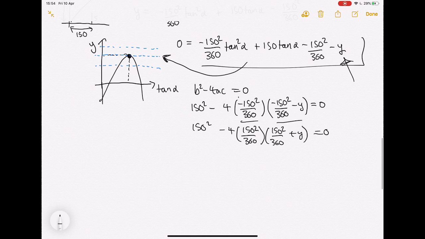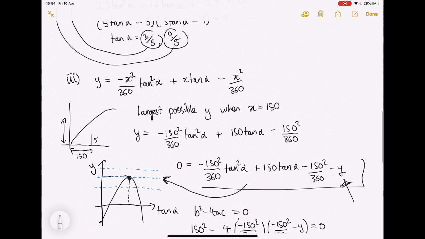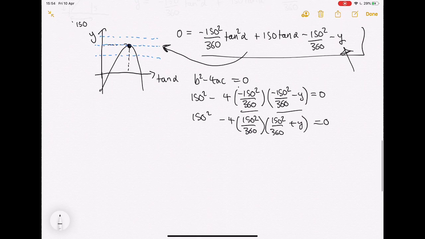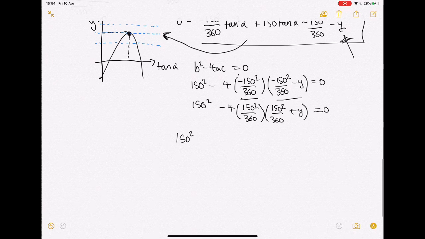Well, adding to both sides, we have 150 squared equals 4 lots of 150 squared over 360 multiplied by 150 squared over 360 plus y.